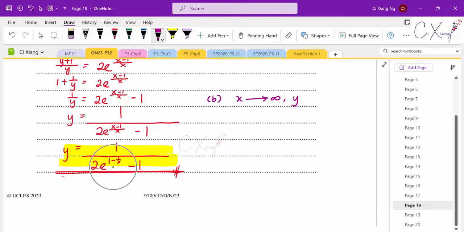If you have a look at the equation here, if you try to substitute x equals infinity, you're having something like 1 over infinity, which is a very small value, so we usually assume that it is 0. So from here, you are having 2e power 1 minus 0, so 2e power 1. Therefore, your final answer for y should be 1 over 2e, then minus 1.